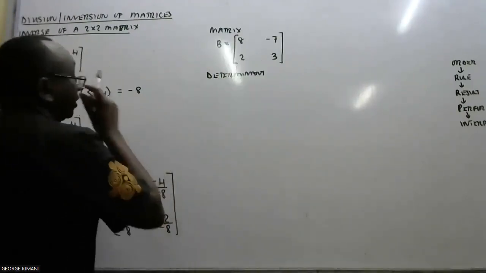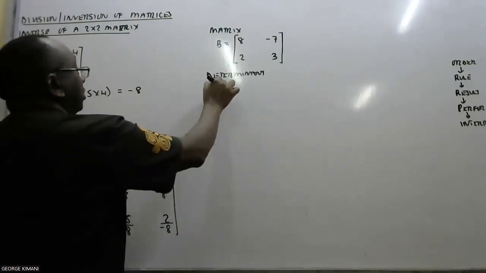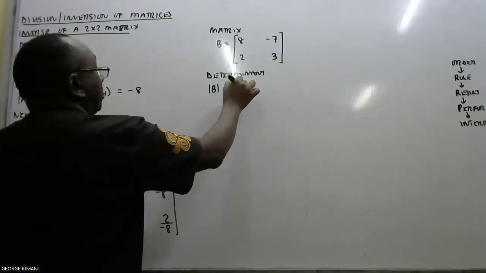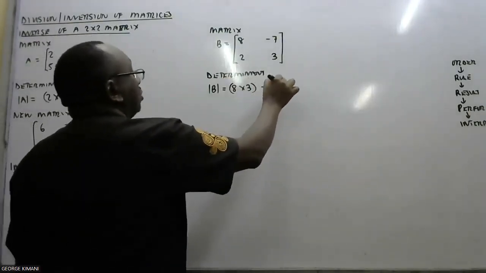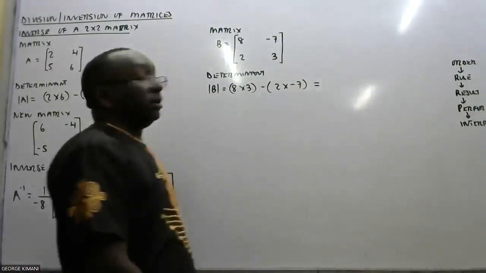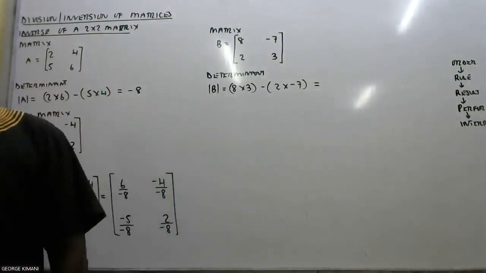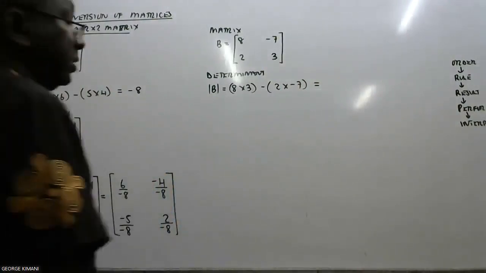The determinant of B is 8 times 3, then you minus 2 times -7. So that is 24 plus 14. That is what? 38.